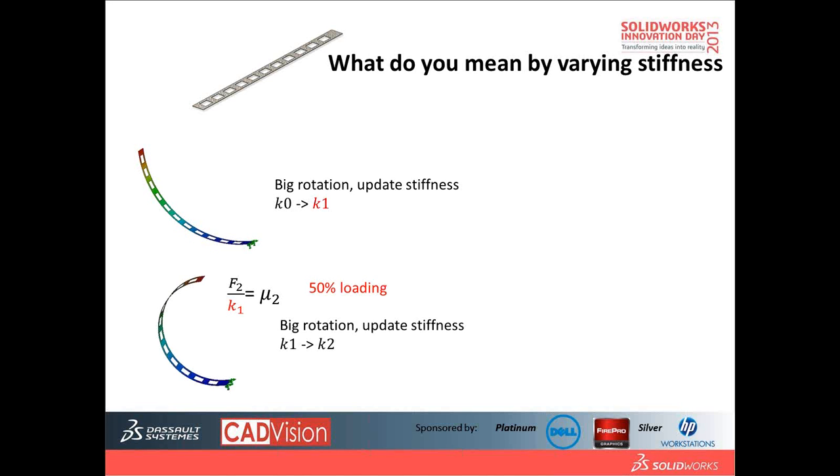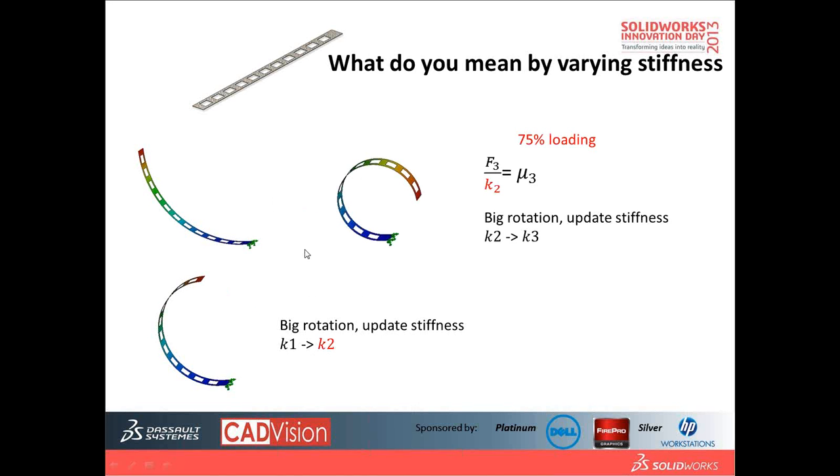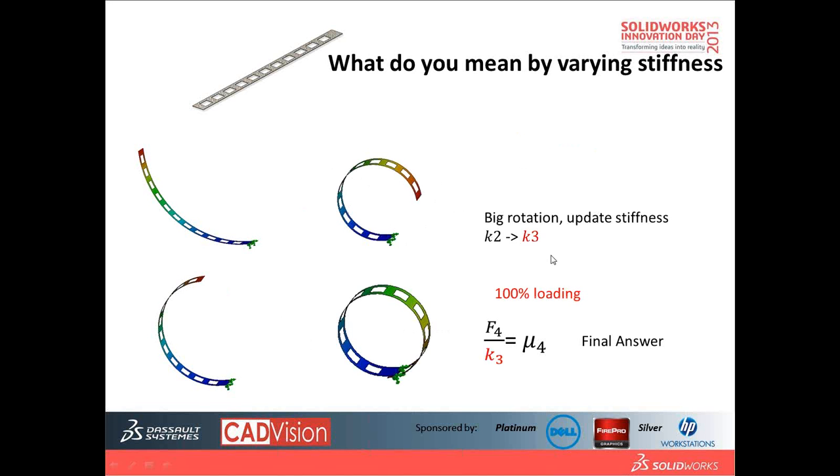Okay. And then in the next load step, we use the new stiffness to continue to find the result on the next stage. So we have a new displacement, and this stiffness is updated again into K2, and another one, we get a new matrix K3, then we go for the final answer.